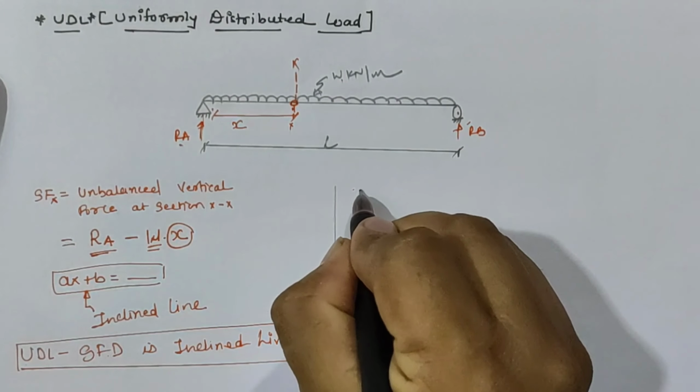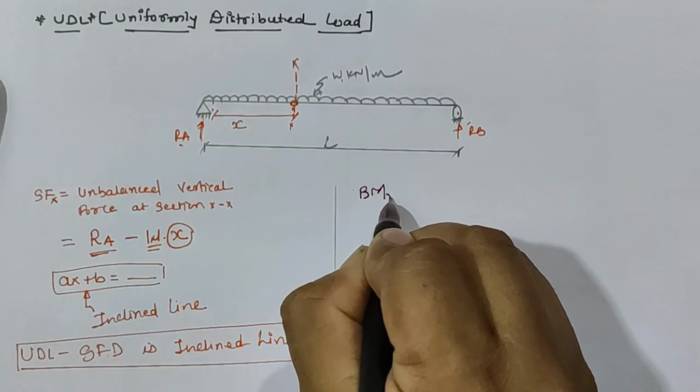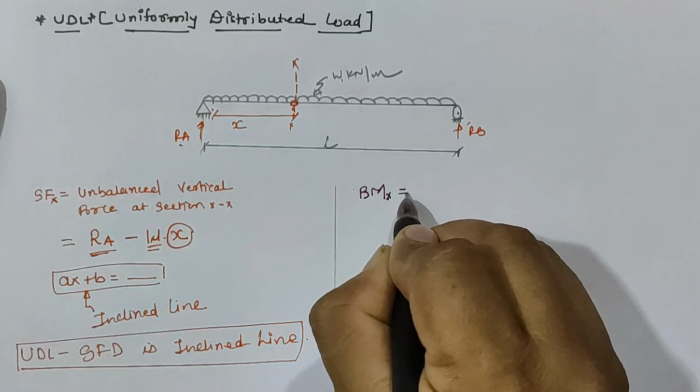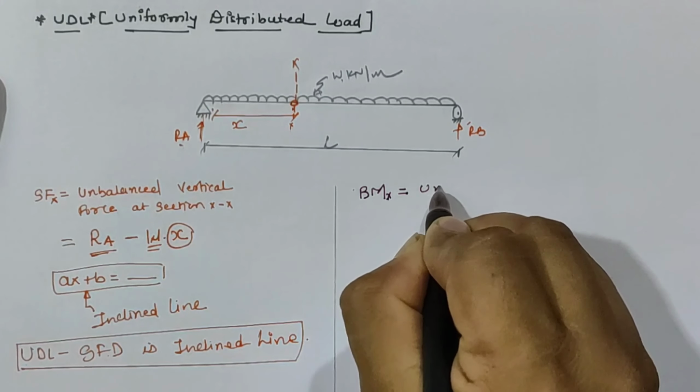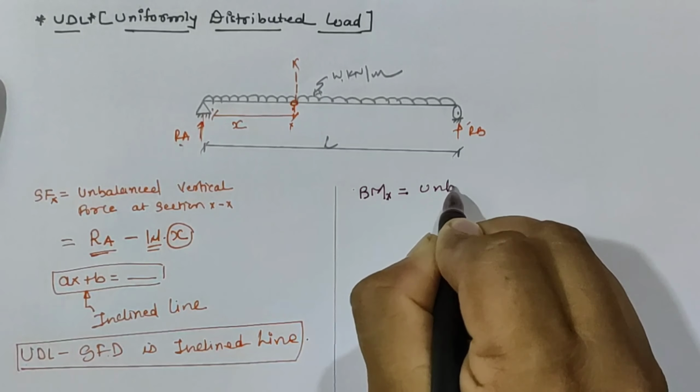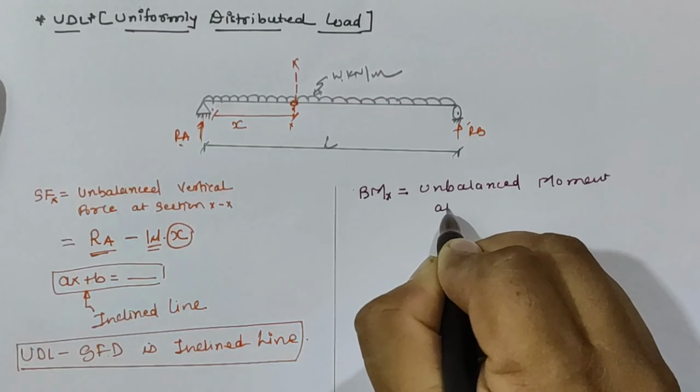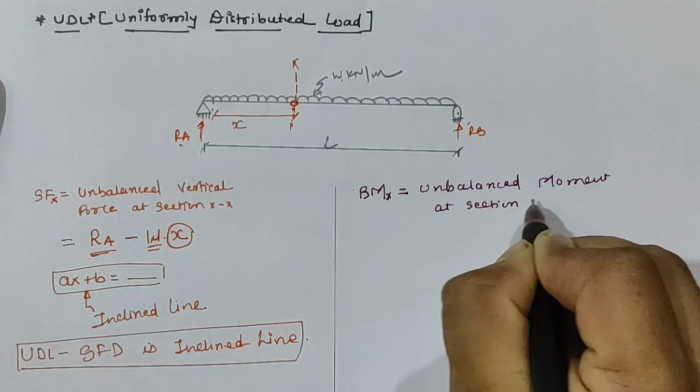Now let us go for the bending moment value, which is bending moment at x. BMx is defined as unbalanced moment at section XX.